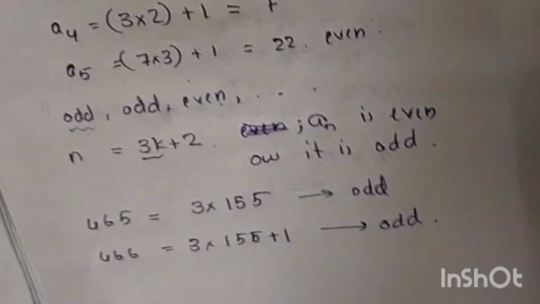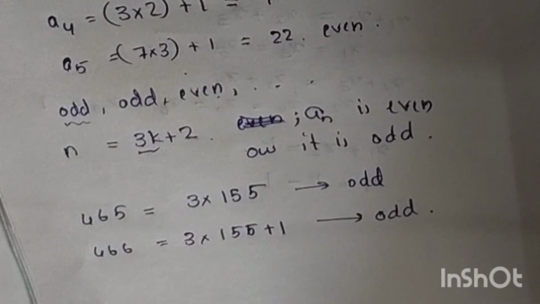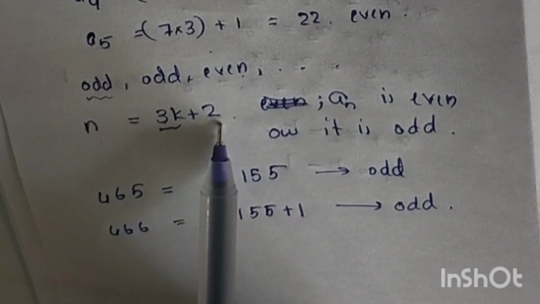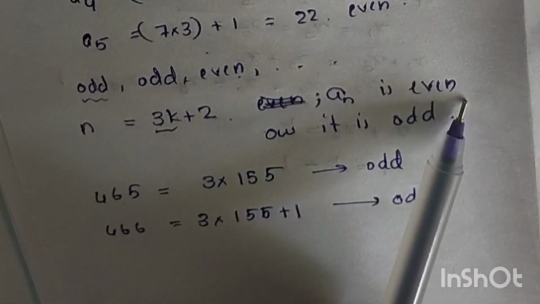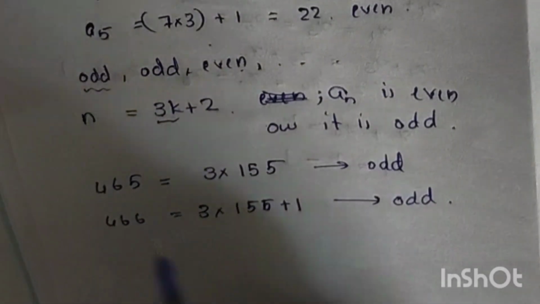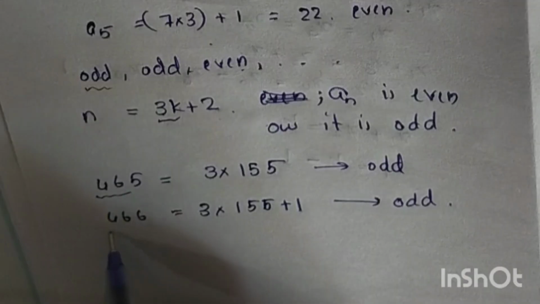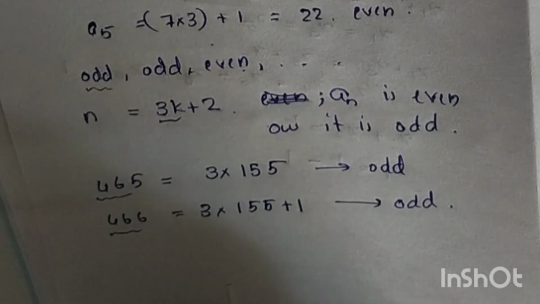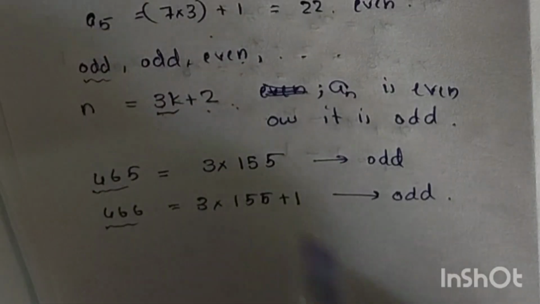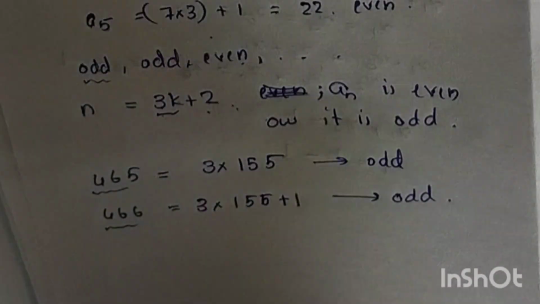I hope there is no doubt about this. For n equals 3k plus 2, an is even. Otherwise, an is odd. We are not checking whether 465 or 466 is even or odd. We are checking whether they are of the form 3k plus 2 or not. I hope this is clear.